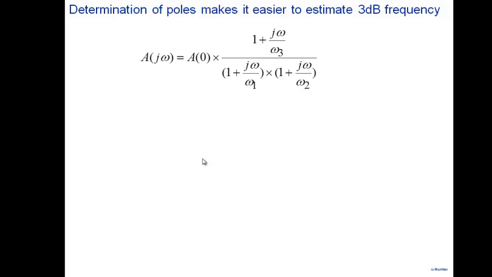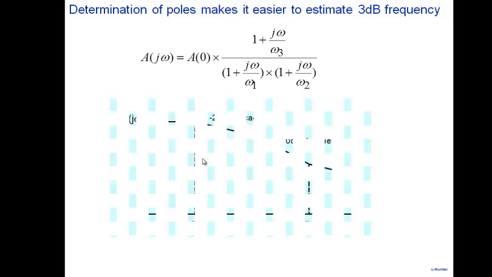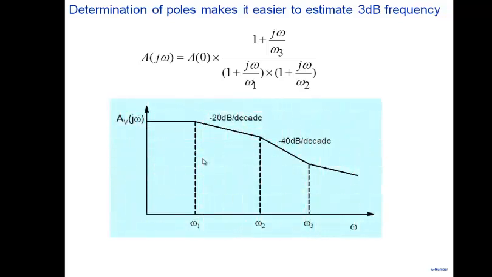Well, what we can do is write the whole thing in this form. Let's say two poles are there, wherever they are: 1 + j omega by omega 1, 1 + j omega by omega 2, and j omega by omega 3 for the zero. Now, because I'm looking for an expression, assumptions come into picture. This all of you already know, the assumption is as follows.